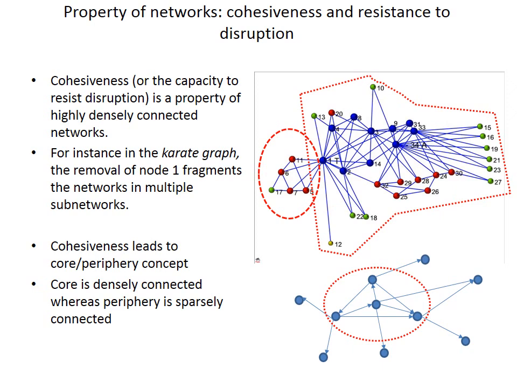The concept of cohesiveness also leads to the concept of core-periphery. If we look, for instance, at the network in the bottom part of the page, we notice that the center, the most cohesive and highly connected part, is surrounded by relatively sparsely connected nodes.